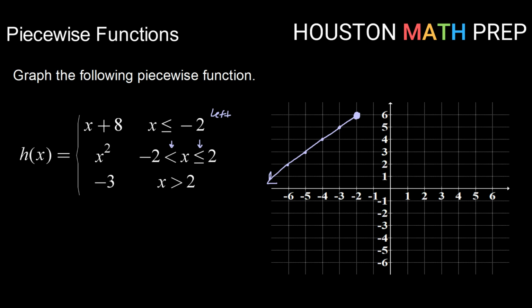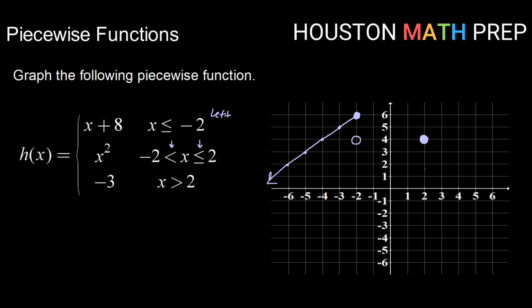So plugging in -2 just to see where my open circle would be, -2 squared is 4. So at -2, 4, I would have an open circle. Going ahead and grabbing my right-hand side, plugging in 2, 2 squared is 4. So at 2, 4, I would have a closed circle.